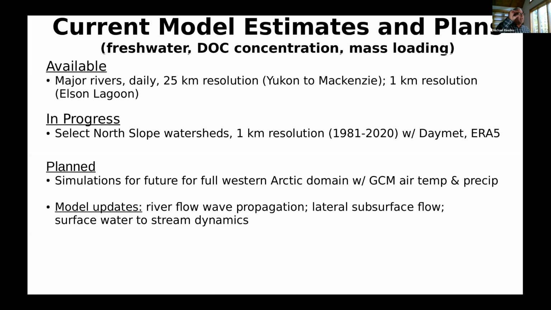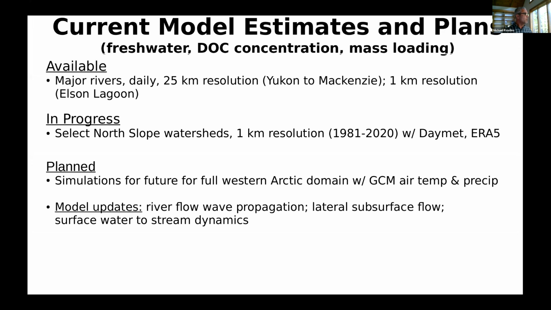So for current model estimates and plans, we've got major rivers covered, daily time step, 25-kilometer resolution for the Yukon to Mackenzie region, 1-kilometer resolution for Elson Lagoon. In progress, we're modeling select North Slope watersheds at 1-kilometer resolution using DayMet forcings and ERA5.